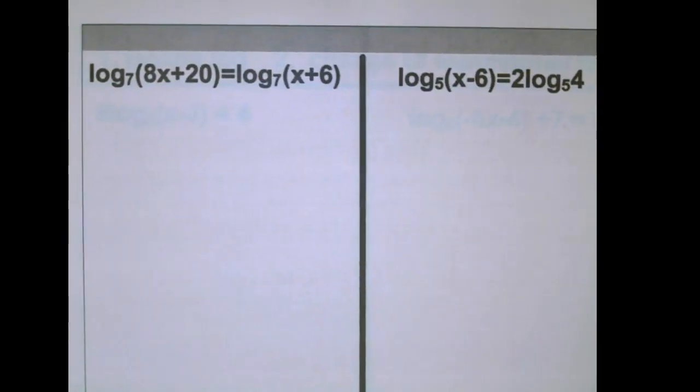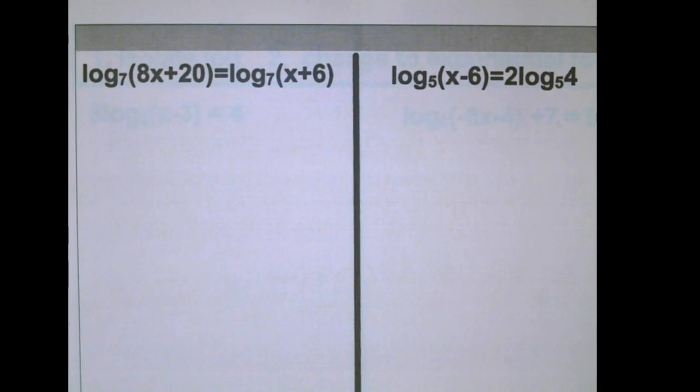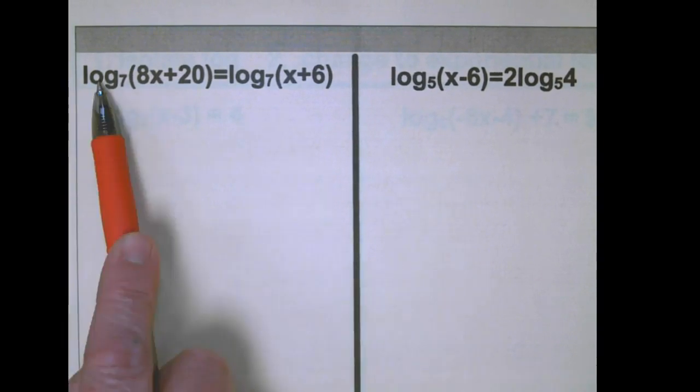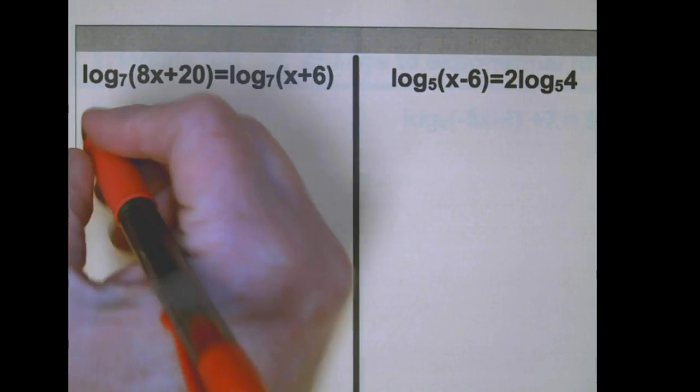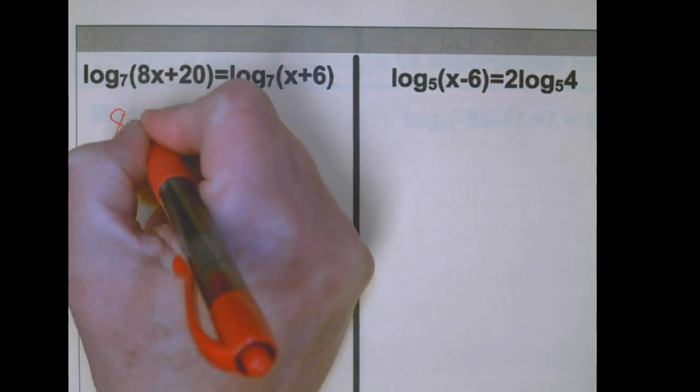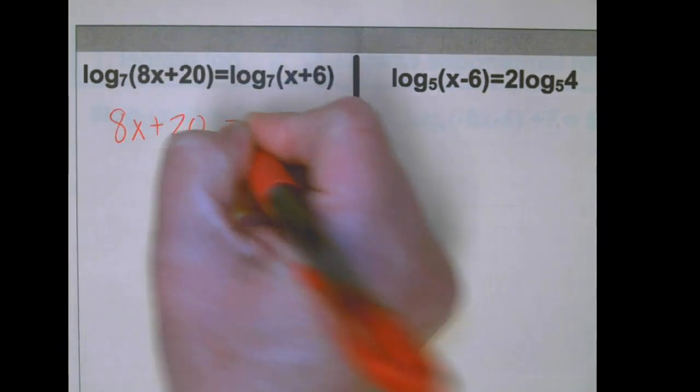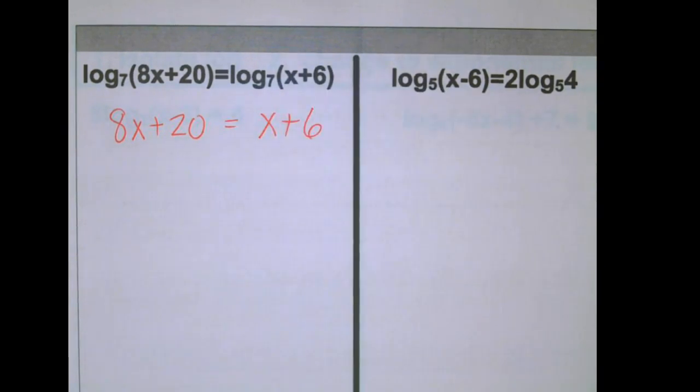On page 4, please draw a line down the middle so we can put in 2 examples. The title of this page is log equals to log. If the log equals to the log, it's like the log part cancels out, and you just solve 8x plus 20 equals x plus 6.